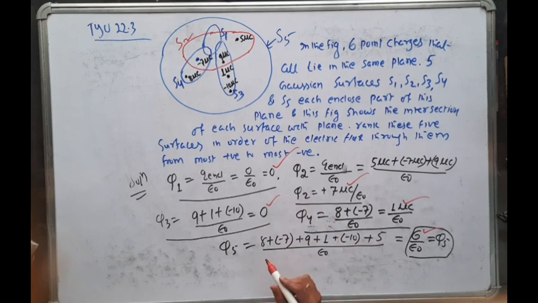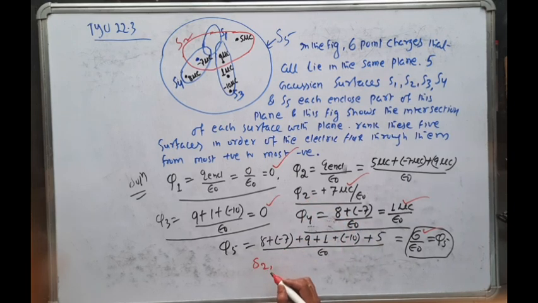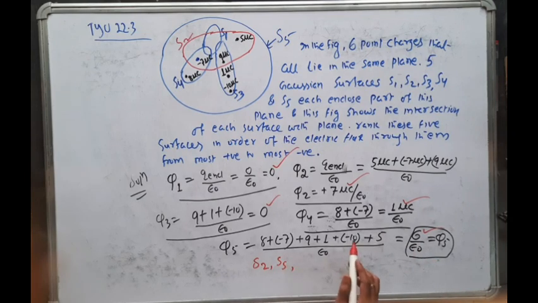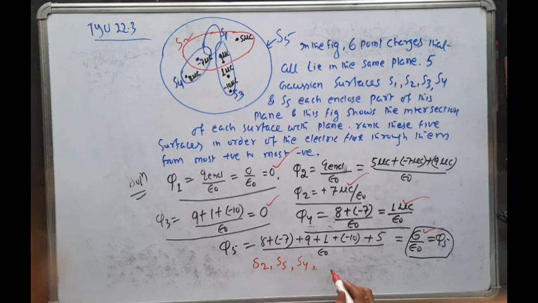That is the second one. So the second surface is the most positive. Then the fifth surface, then your fourth surface. Then S1 is 0, then S3 is also 0. S1 and S3 both are 0. So this is the order.